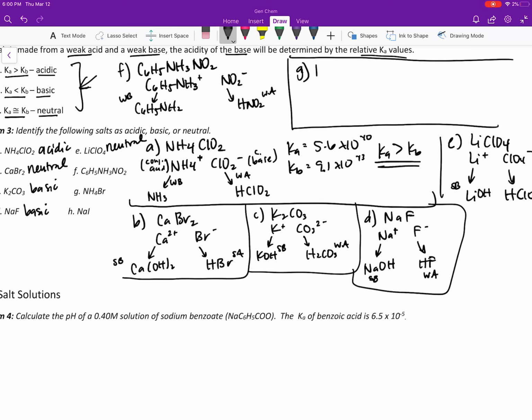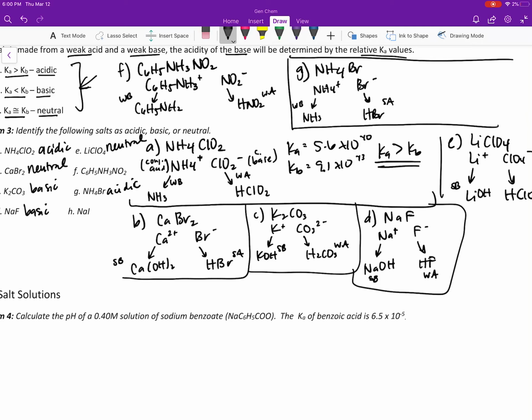For G, this comes from NH4Br. It's ammonium bromide, so it comes from NH4 plus, Br minus, which comes from ammonia, which is a weak base, and HBr, which is a strong acid, making this salt acidic.